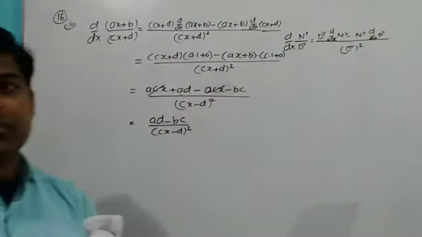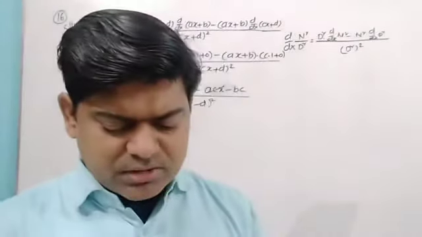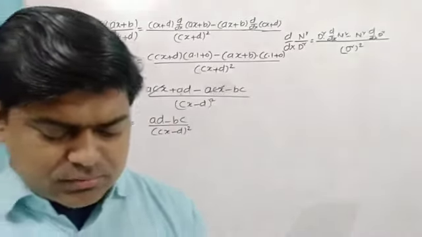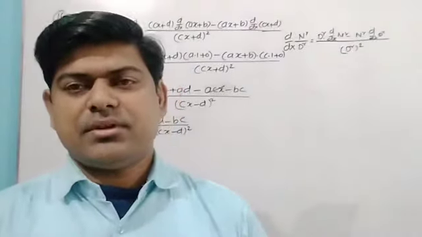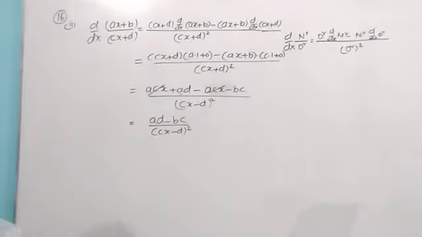This is our first question for today, and now many more questions are there. Question number 18, second part: you can see again we have a quotient, so we have to use the quotient rule only.